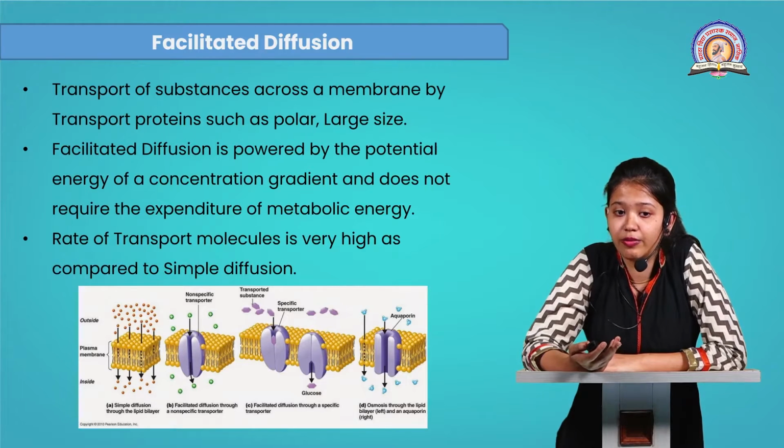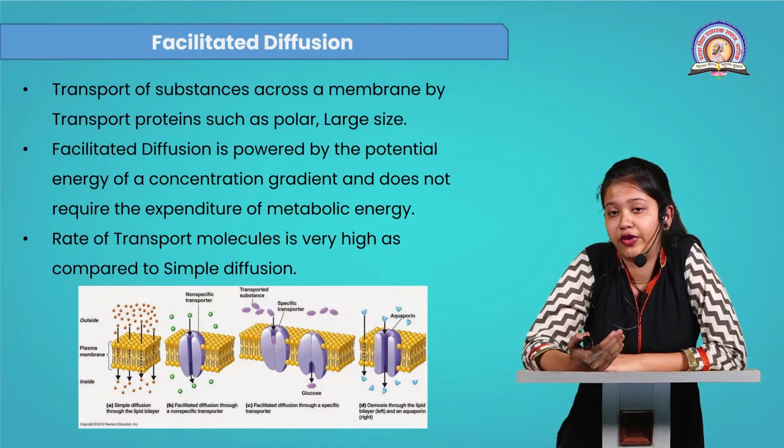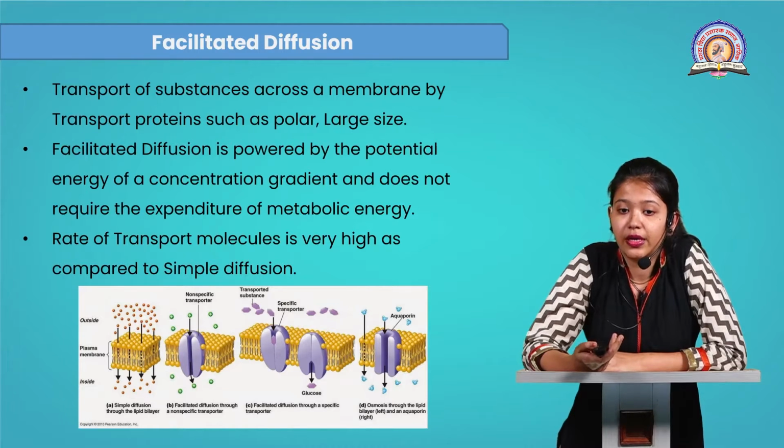In the second diagram, you can see the transport of molecules occurring with the help of transporter proteins like channel proteins. The third one, facilitated diffusion, is mainly for specific types of proteins or transporters, and the last one is the diagram for osmosis.